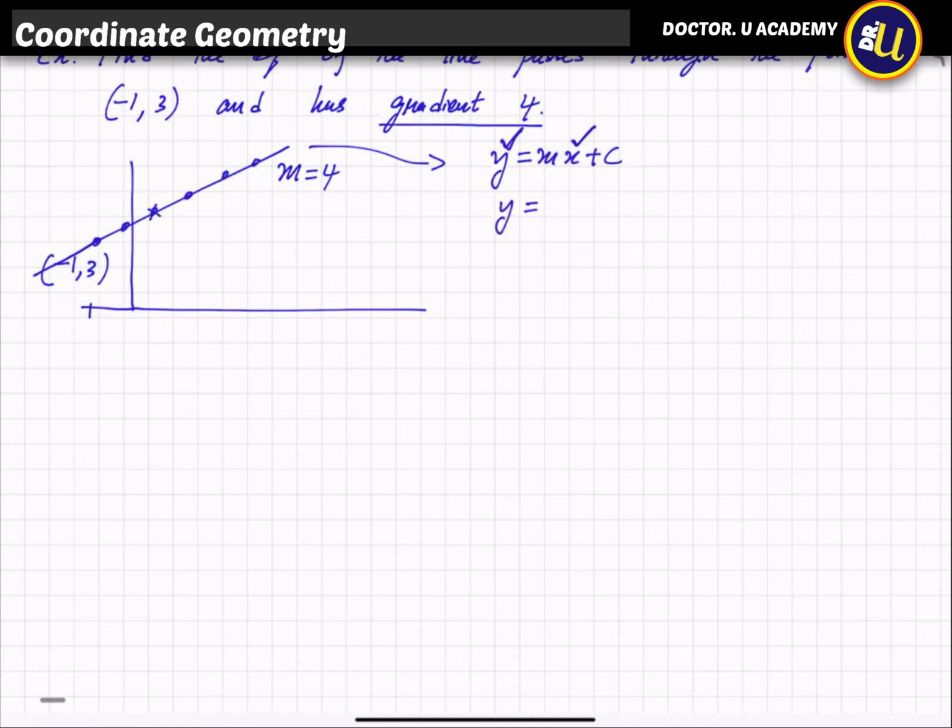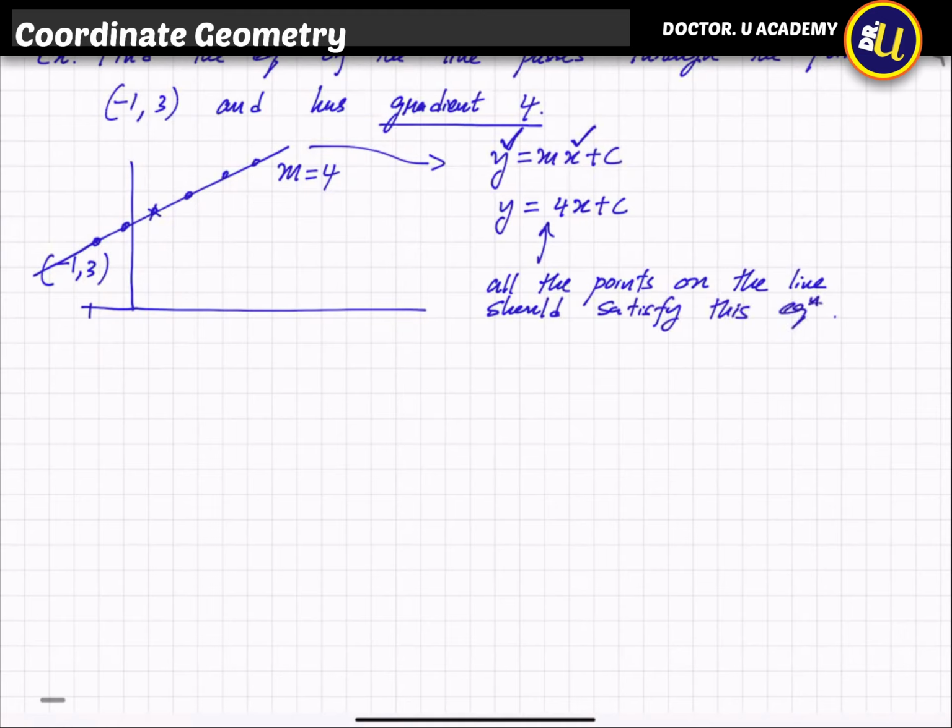So I can write it as 4x plus c. All the points on the line should satisfy this equation. That means the left hand side should be equal to the right hand side when you plug in the coordinate.